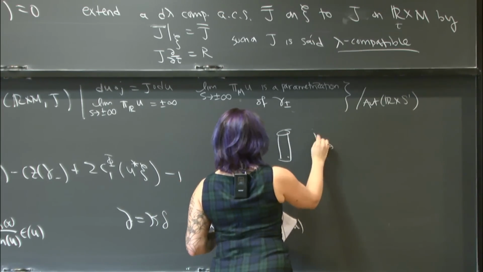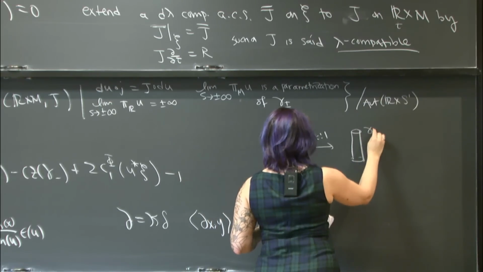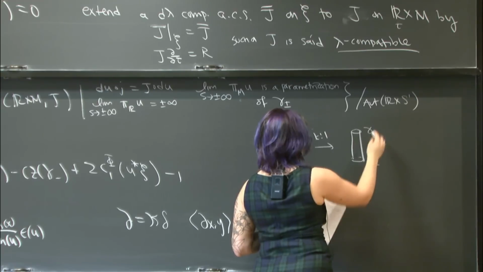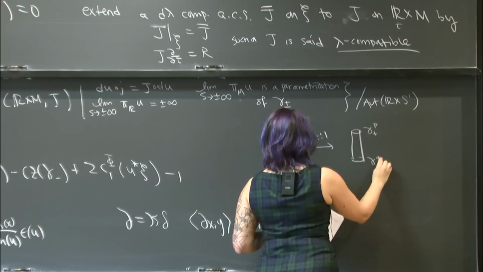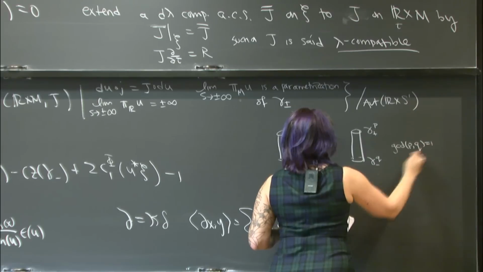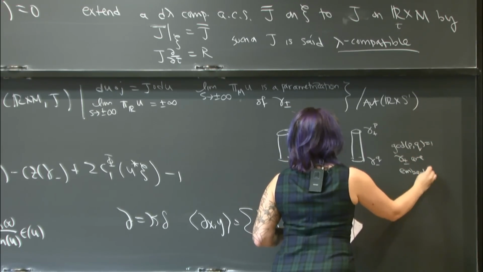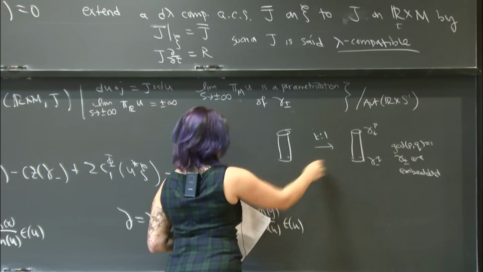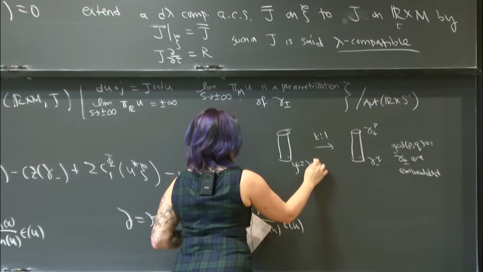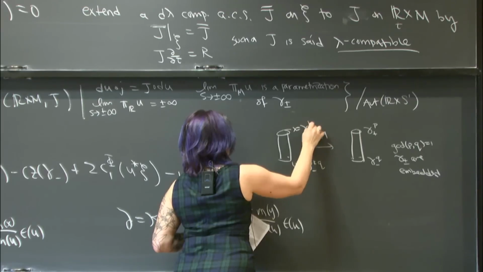If I have a multiply covered cylinder, then that means that for some embedded Reeb orbits gamma plus and gamma minus, if I have the GCD of p and q is 1 and gamma plus minus are embedded, then a k-fold cover of this cylinder is going to limit on, let's say, y is gamma minus to the kq and x is gamma plus to the kp.